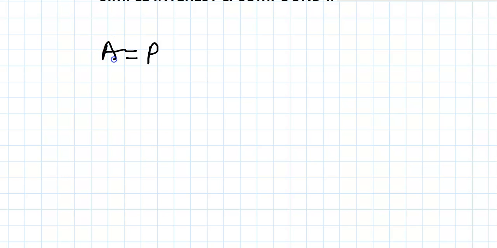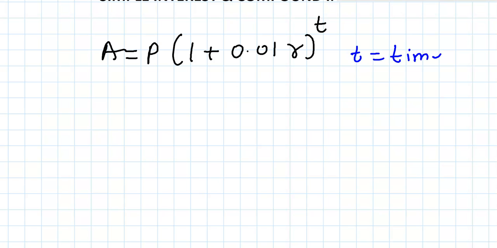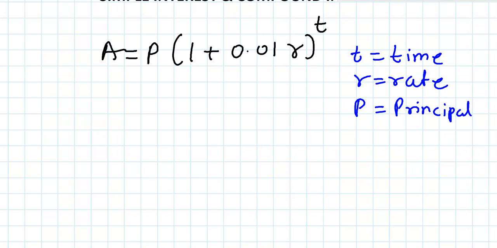A equals P times (1 plus 0.01 R) to the power T. Here A is the amount, P is the principal, R is the rate, and T is the time. Everybody knows this? This is the easy way. Just plug in the values and you'll get the answer.